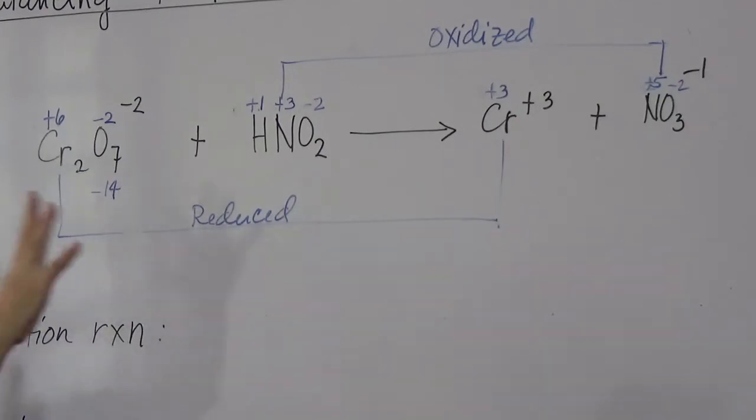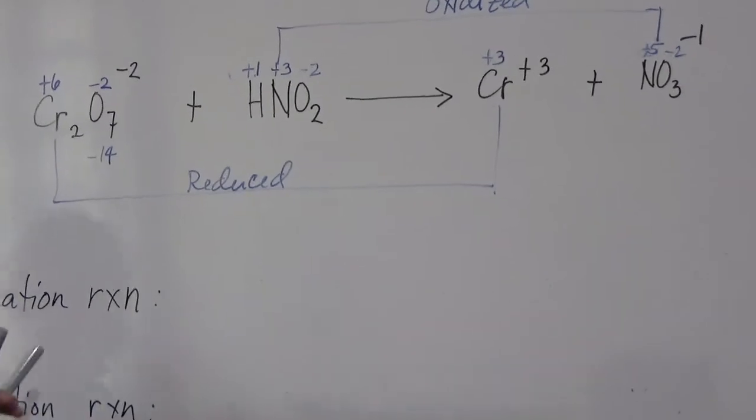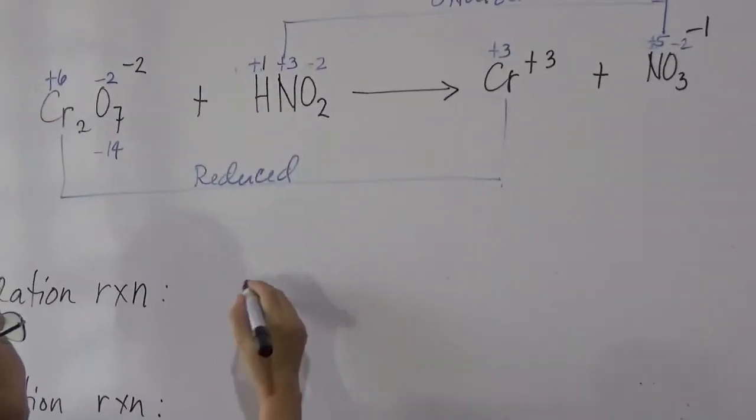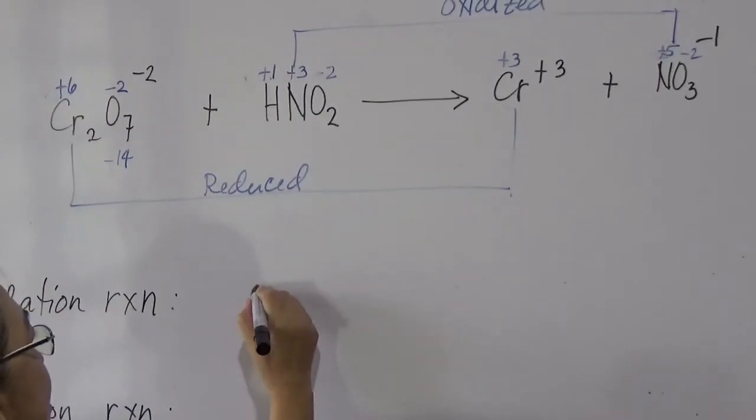Okay, so we have already determined which one is being reduced and which one is being oxidized. Then we can write the two half reactions, the oxidation reaction and the reduction reaction. What is being oxidized under the oxidation reaction? That is the nitrous acid. We'll just write here the half reaction.